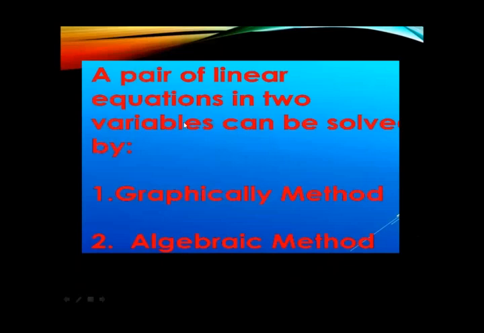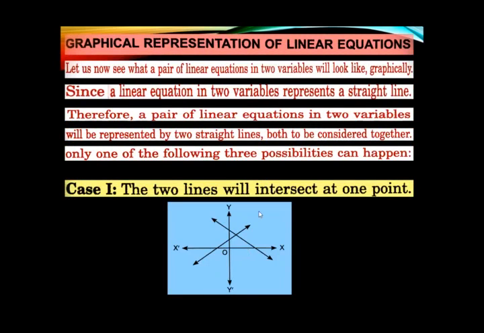Now, for a pair of linear equations, the solution can be found in two ways: the graphical method and the algebraic method. We will discuss both the methods later. Now, we have the graphical representation of the linear equations. So let us see what a pair of linear equations in two variables looks like graphically.